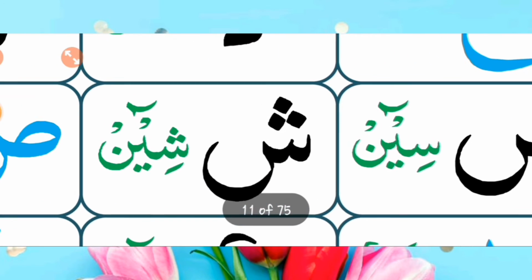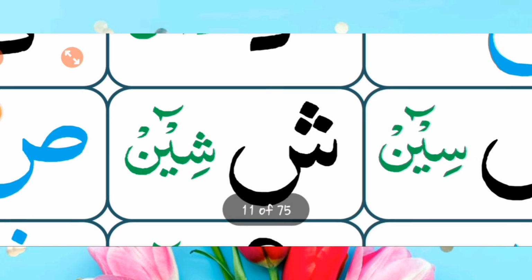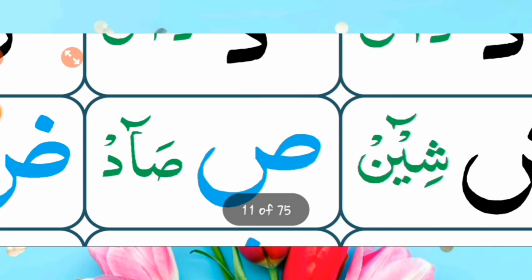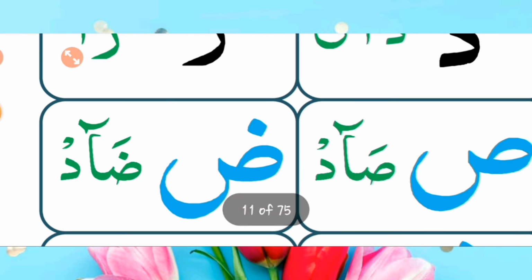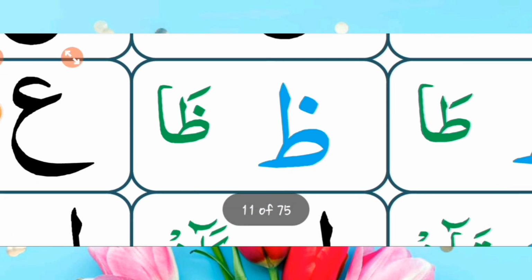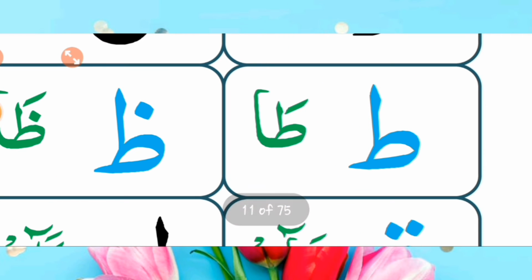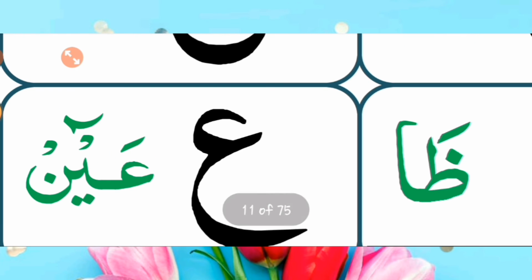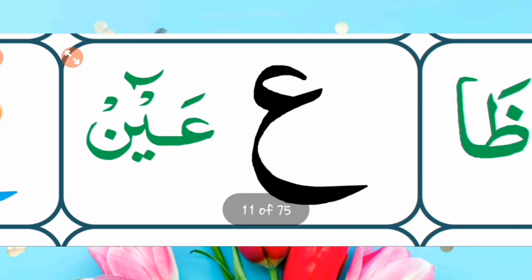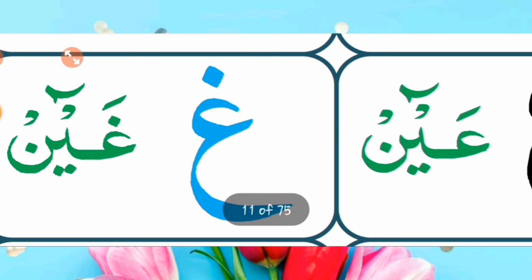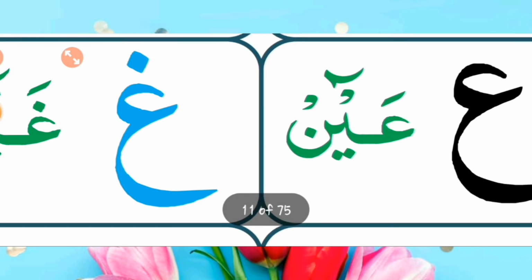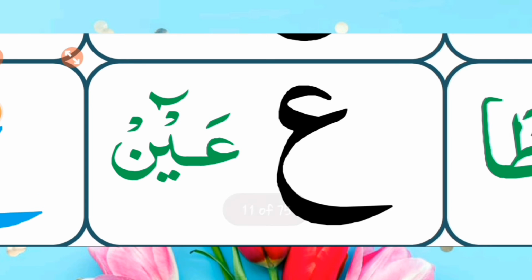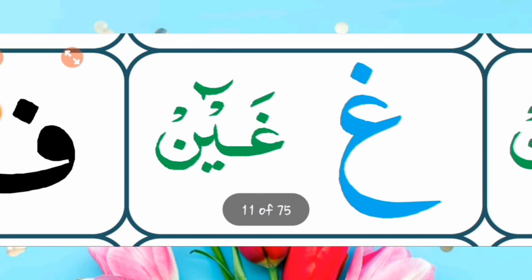Sin, Shin, Sad, Dad, Ta, Za, Ain, Ghain. Ain is also pronounced from the middle part of our throat.